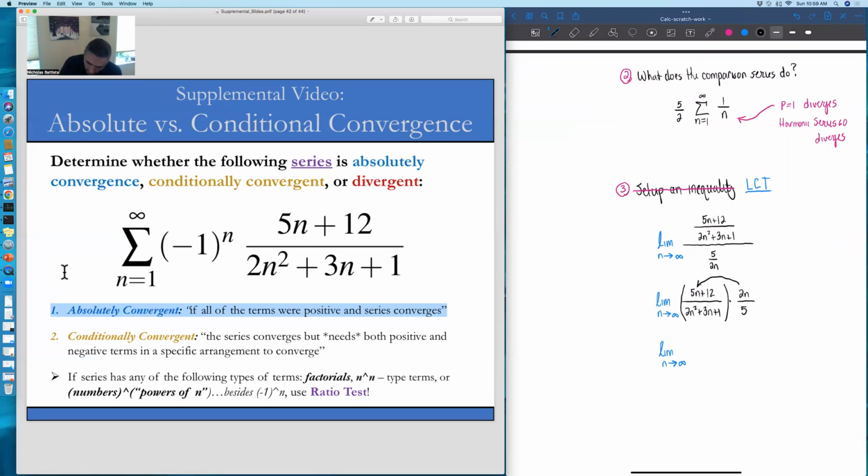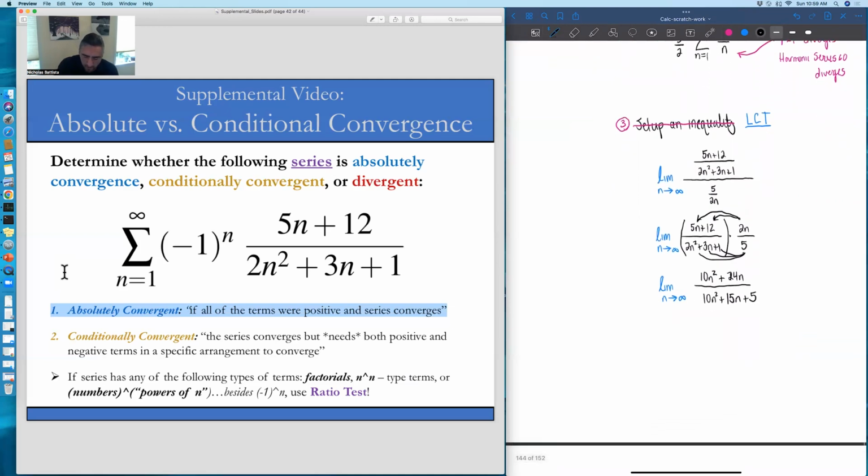So we multiply into both of these terms, the 5 into all three terms in the denominator. So we're taking the limit of what looks like 10n squared plus 24n in the numerator all over a 10n squared plus 15n plus 5 in the denominator.